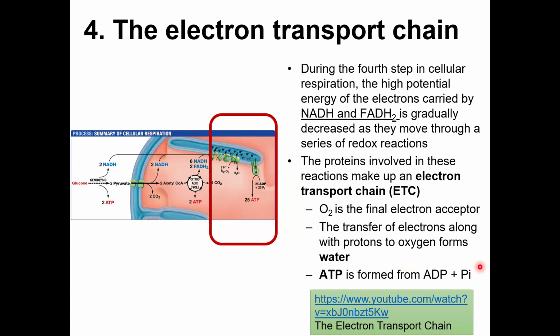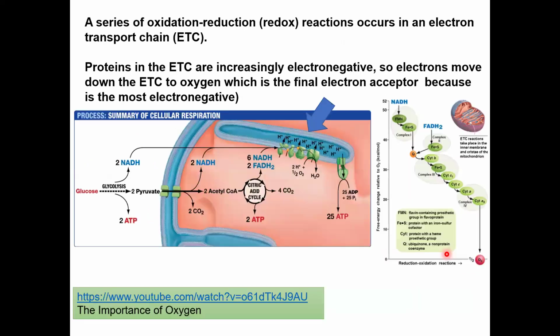The electrons transfer to the oxygen itself and form the water that's produced in this process. And ATP is finally formed again from ADP and inorganic phosphates.